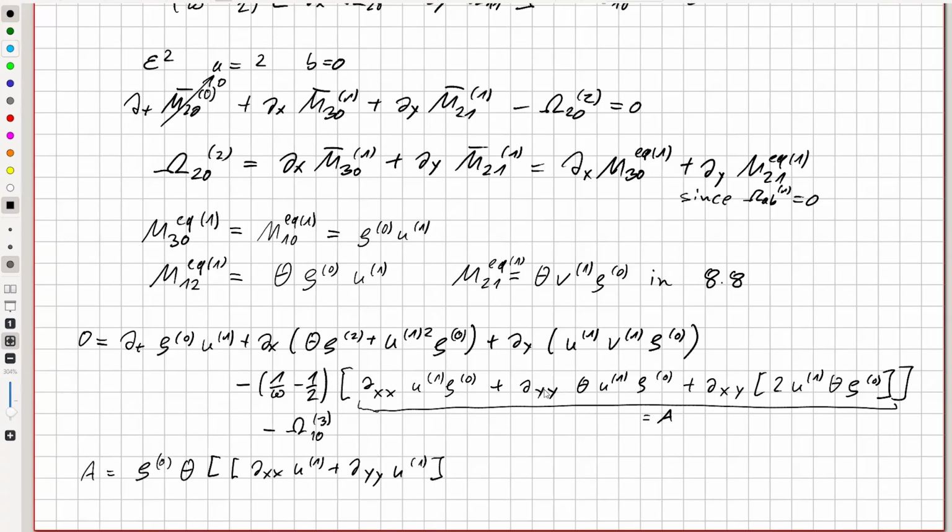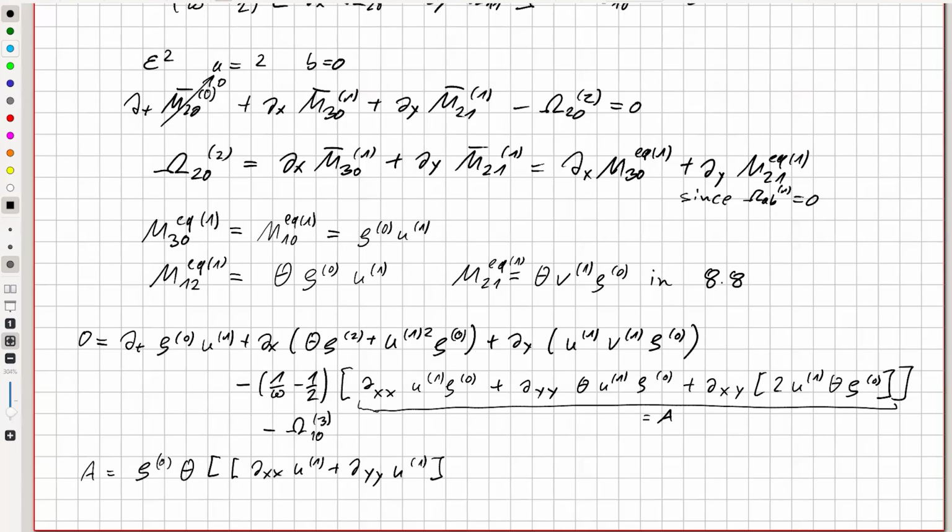Yeah, so this is what I take out, because this is what I want to have. I want to have a Laplace operator on the velocity, because this is what I want to see in my Navier-Stokes equation.